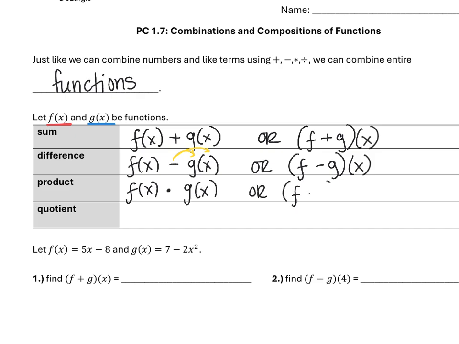Or f times g of x. And finally, quotient would be division, f of x divided by g of x. Or most commonly, you're going to see it written like this, f over g of x.